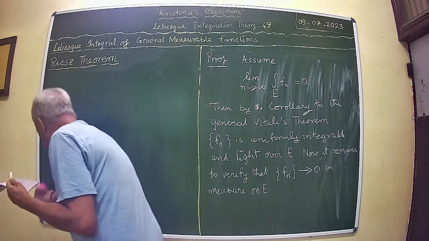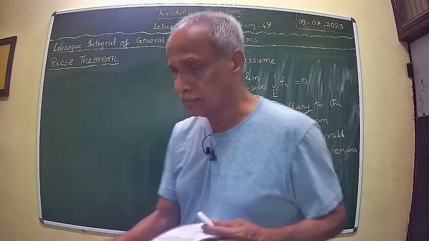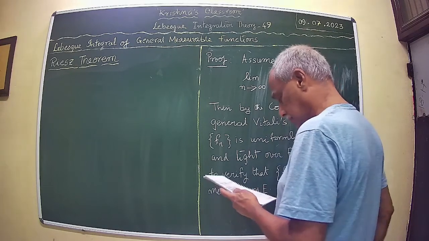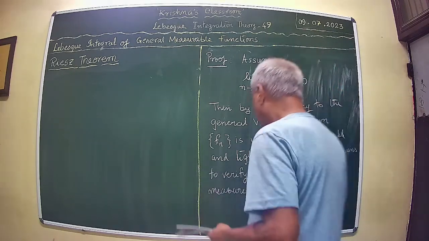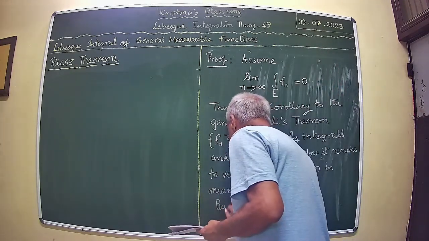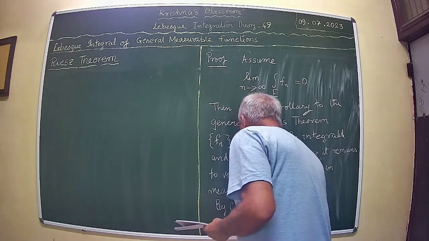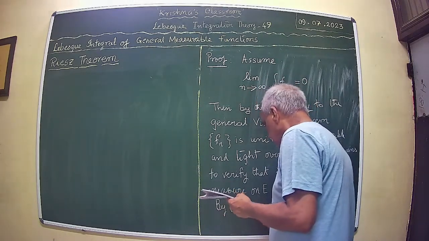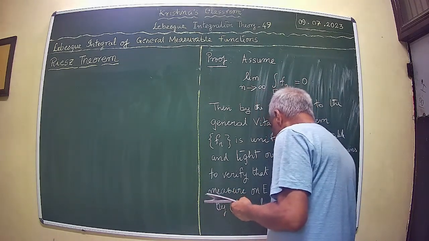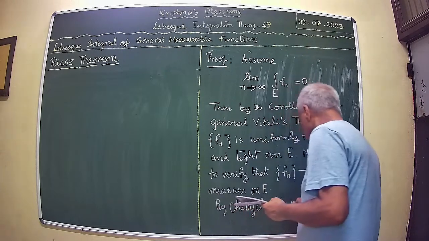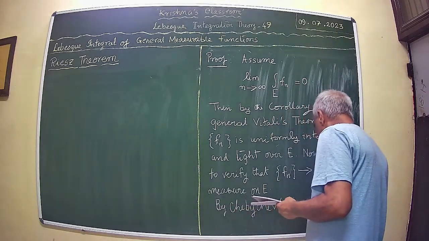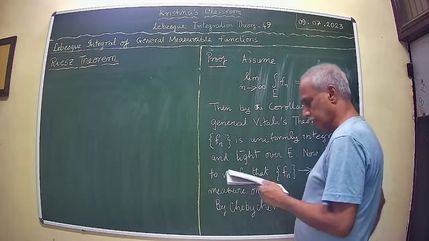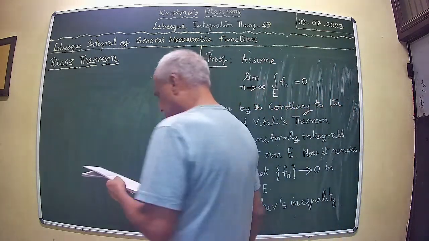We have an estimate that appears in Chebyshev's lemma. So by Chebyshev's inequality, we have the following.